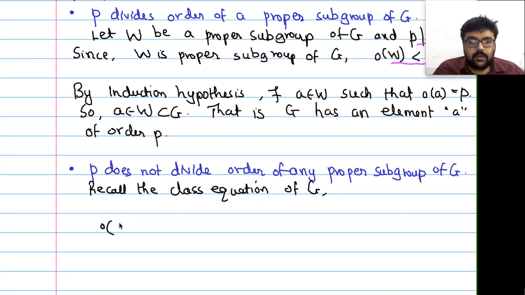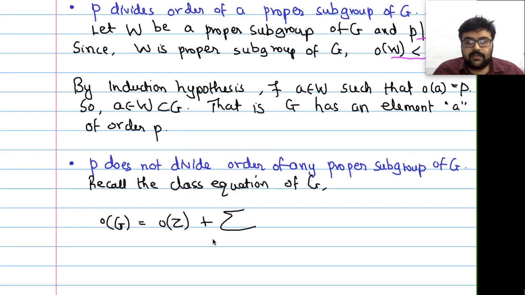What is that? So order of G equals order of Z plus, those ones we have separated out, that I have written separately, the sum over NA not equal to G of order of G upon order of NA.